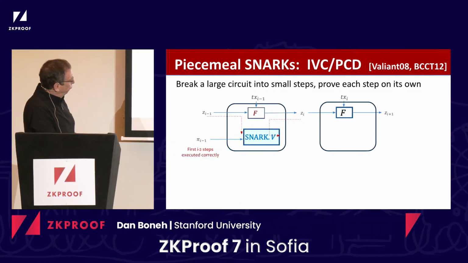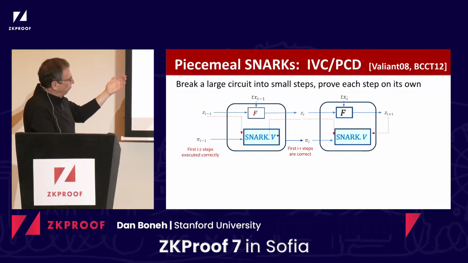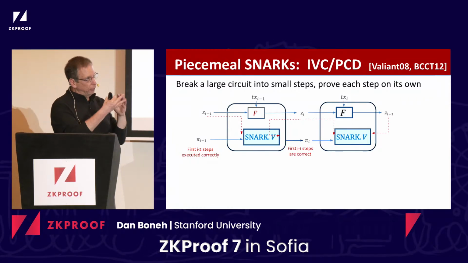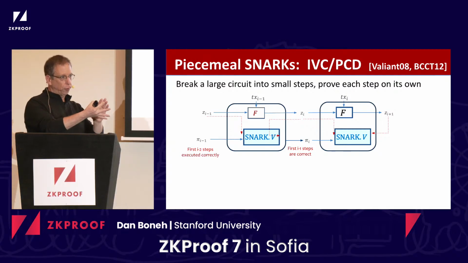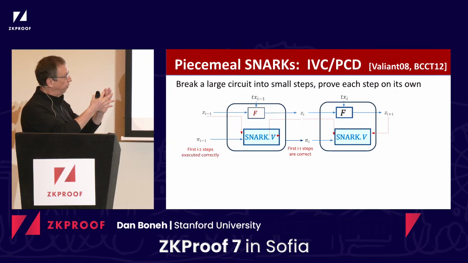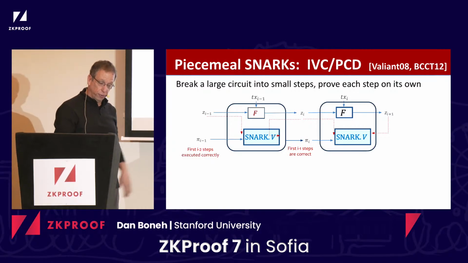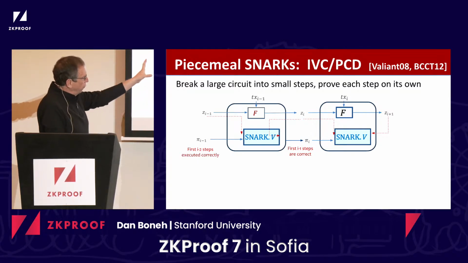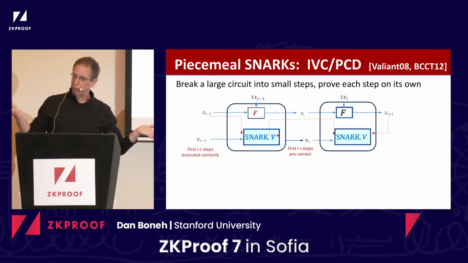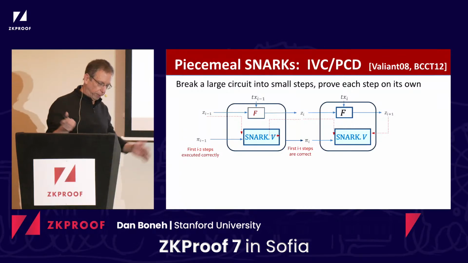You would build a proof that the next transaction is correct, and so on and so forth. So basically, at every step, you build a proof that all previous steps were correct, or rather, that you have a proof for all previous steps along with the current transaction, and that gives you the proof for the next step. Okay, so this is kind of a standard IVC structure. I imagine everybody here is familiar with this, I hope.